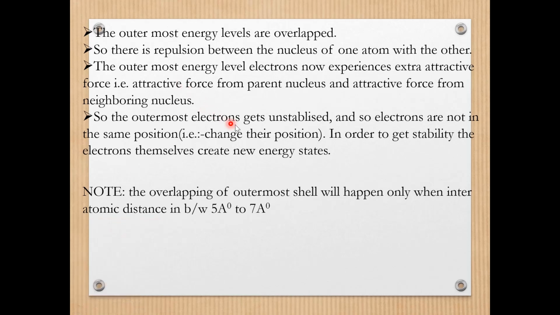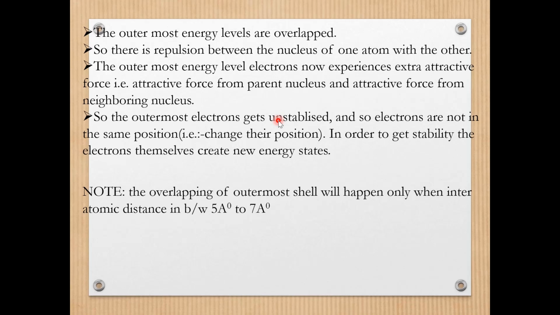So the outermost electrons get unstabilized. Why are they unstabilized? Because they get extra energy. That means they get extra attractive force, and attractive force means more negative energy. So they get unstabilized.